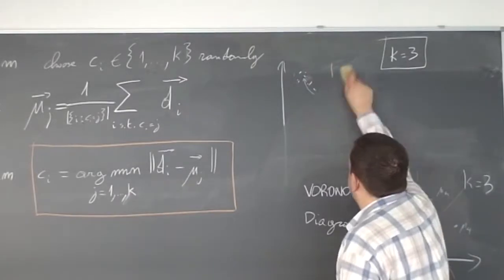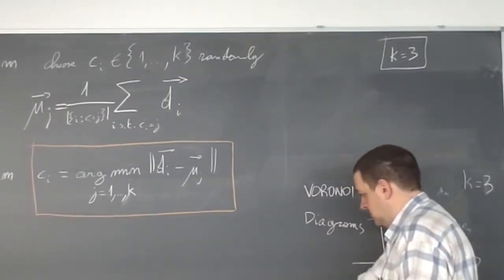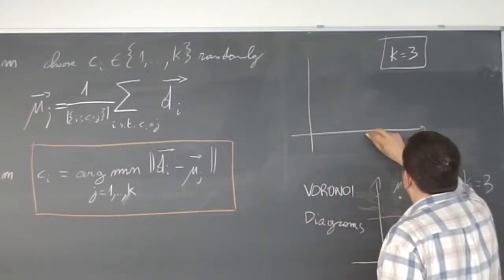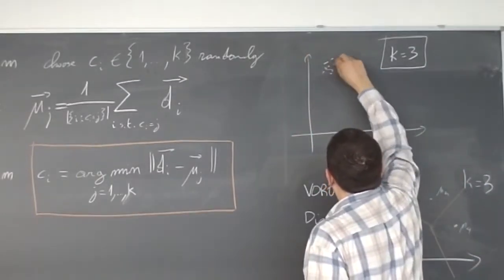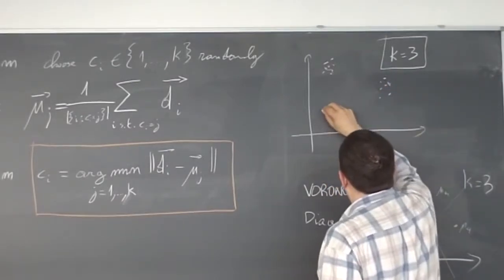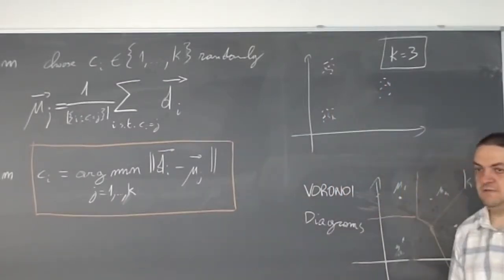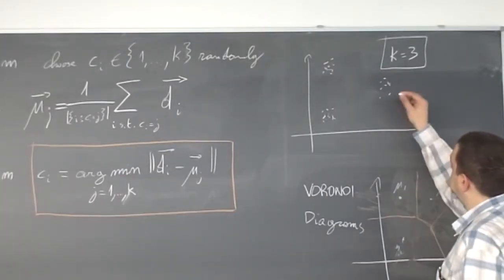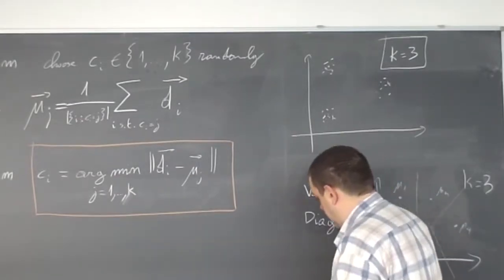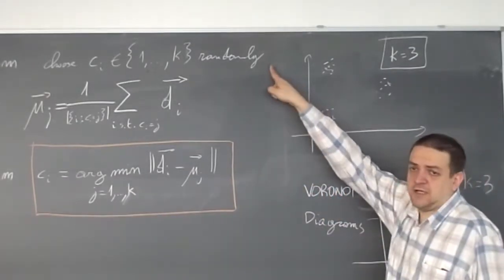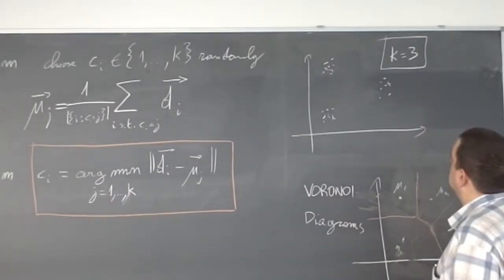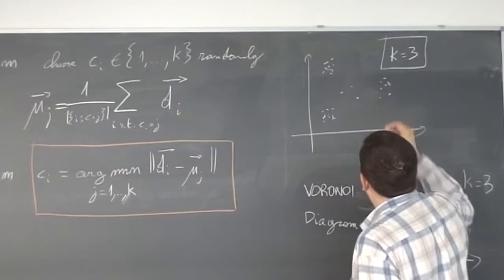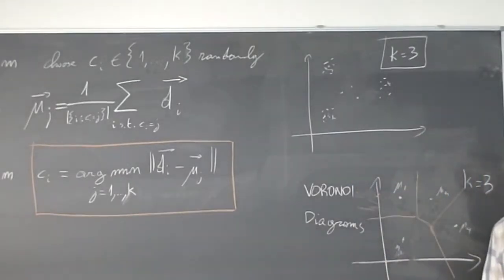Of course, many bad things can happen. So let's still suppose that the 3 clusters are very different. Suppose that, who knows, after the first random attribution of 3 points they appear like this.